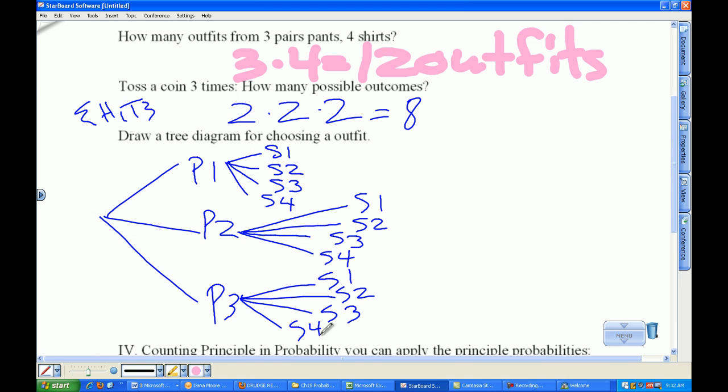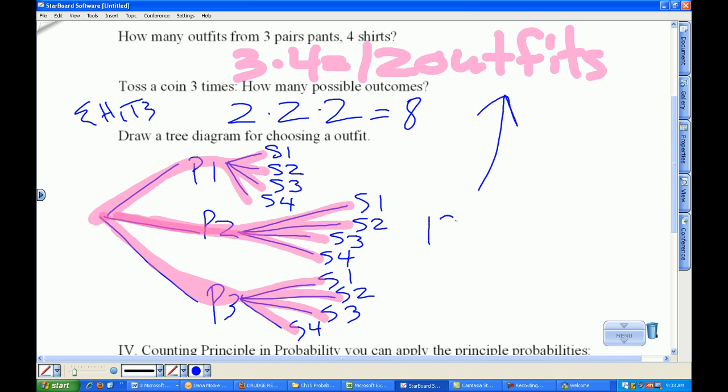Okay, starting from the trunk, we have branch 1, branch 2, branch 3, branch 4, 5, branch 6, branch 7, branch 8, branch 9, branch 10, branch 11, and branch 12. So how many outcomes? Just like we saw up here, there are 12 branches, which means there are 12 outfits.